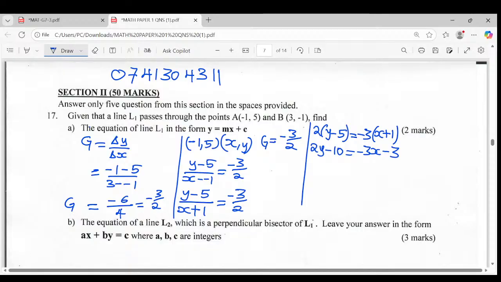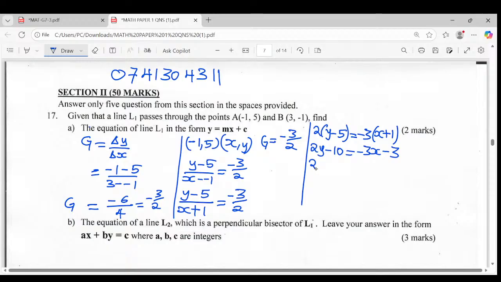So I want to make y the subject of the formula.